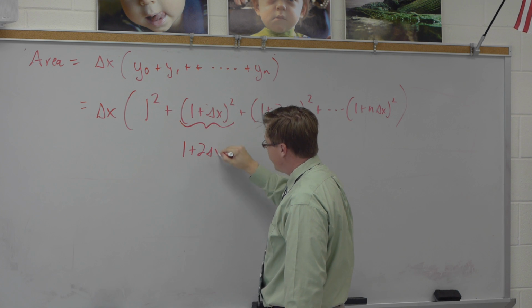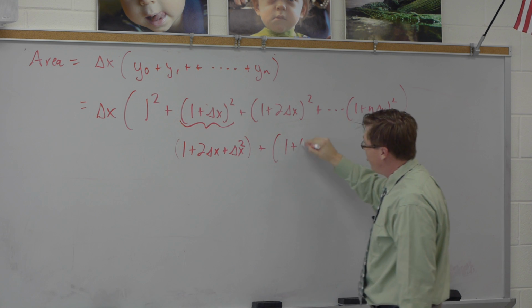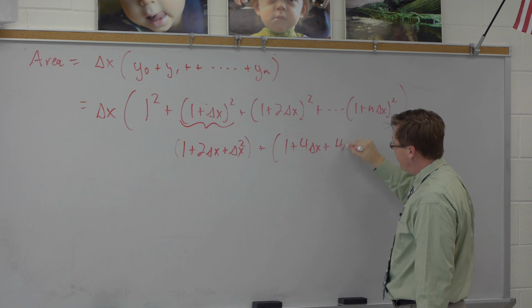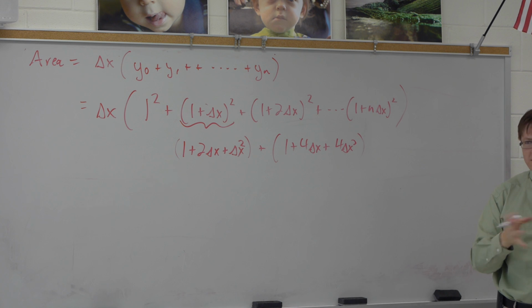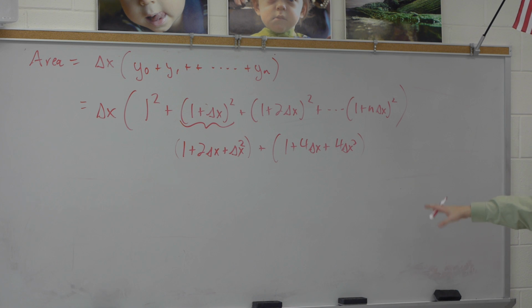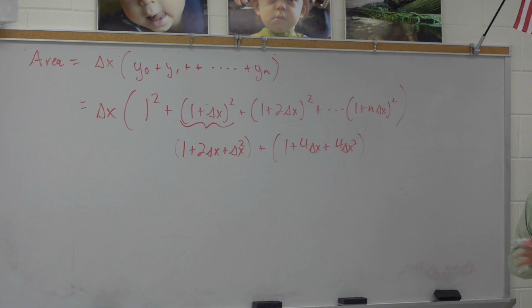So that would be 1 plus 2 delta x plus delta x squared, and 1 plus 4 delta x plus 4 delta x squared, and all that, and collect terms. And that's pretty messy. And I'm not even going to continue down this path. There are some simplifications that we could do and realize a lot of these terms don't matter. But we're not even going to pursue that.